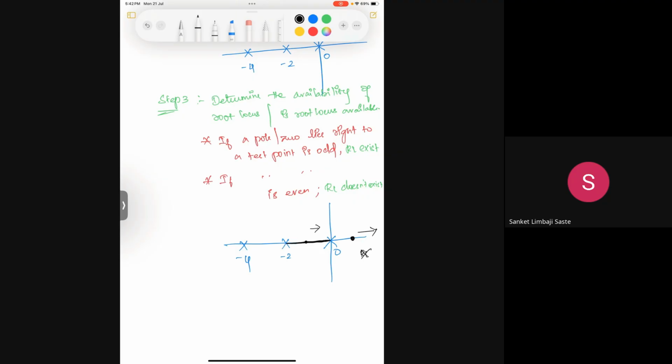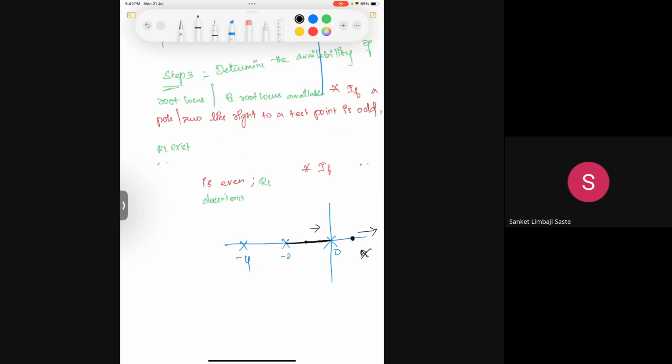Now I am taking another test point here. So this is T1, this is T2, this is T3. In T3, if I look to the right, there exist 2 poles, which is even. So it does not exist. I'm not going to consider any root locus here.